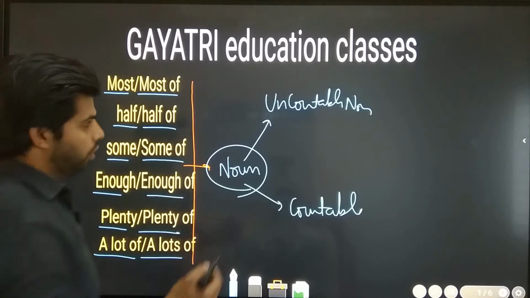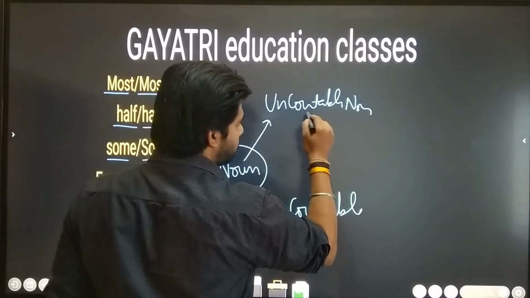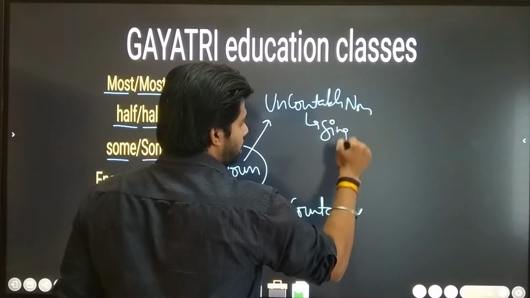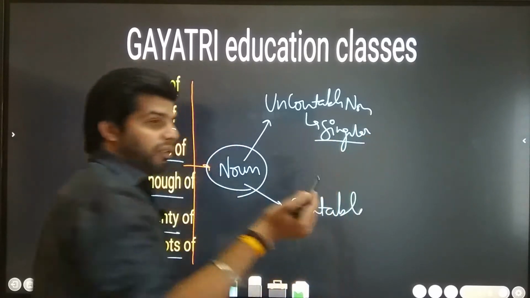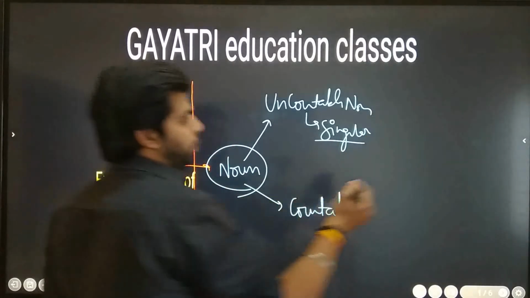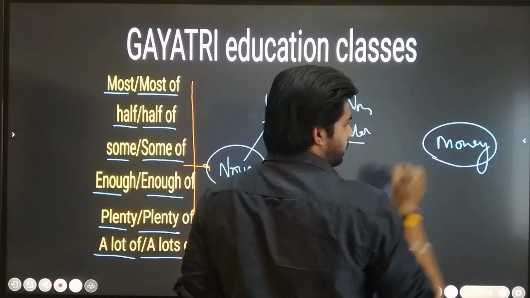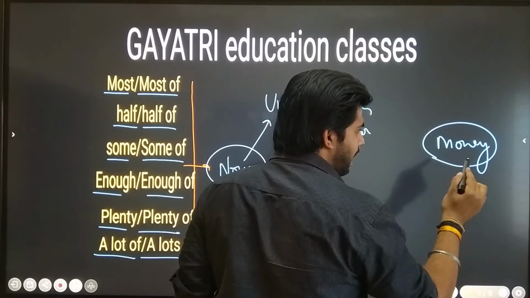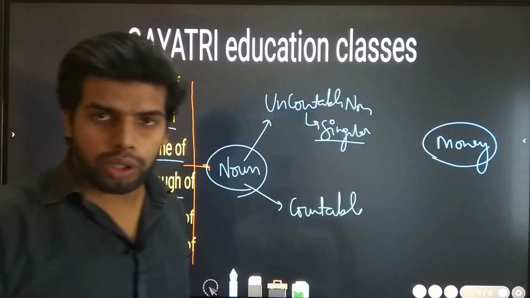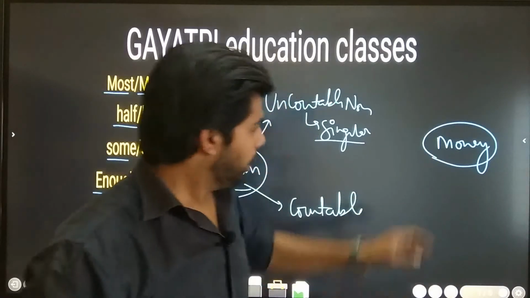Now uncountable noun is always singular, as I told you in a previous video also. For example, you have heard that money is always singular. You cannot say monies. There is no such word as monies. Money is there.